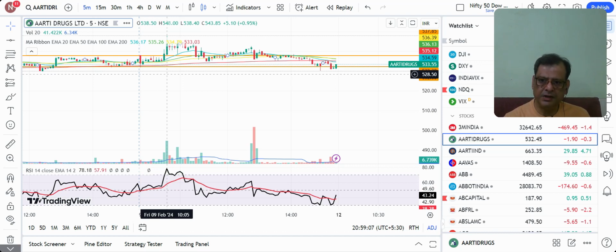For example, this candle has closed at 543, and your entry price is 539. So what you can do is increase your stop loss to 540, 541, or to the middle of this range to lock in your profits.